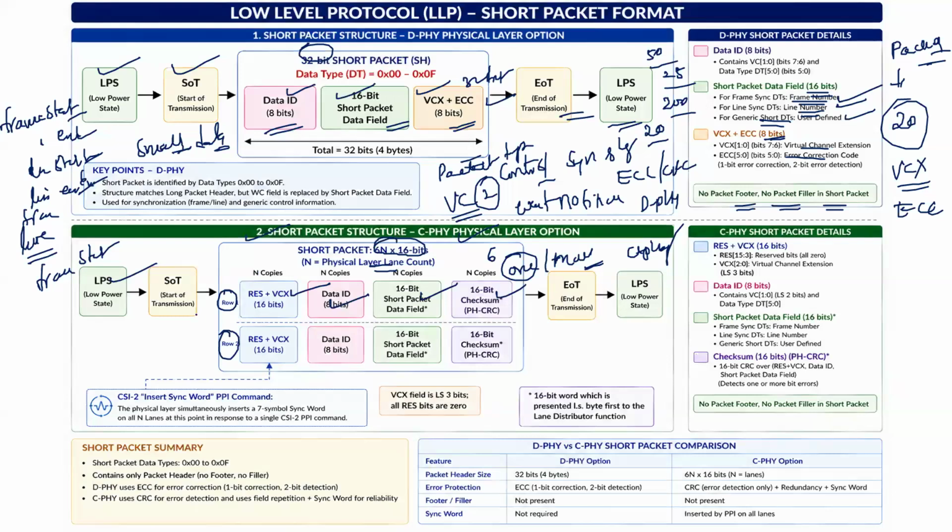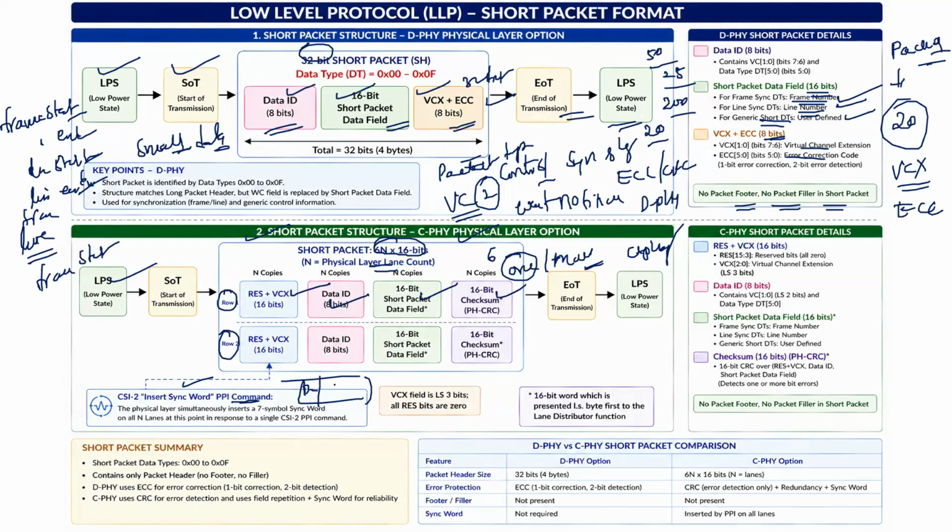So what is the insert sync? We are using this sync word, insert sync word, in the PPI command. Because in the C5 layer we insert a sync word, we are using some unique C5 feature. That unique C5 feature is used to arrange the data, right?